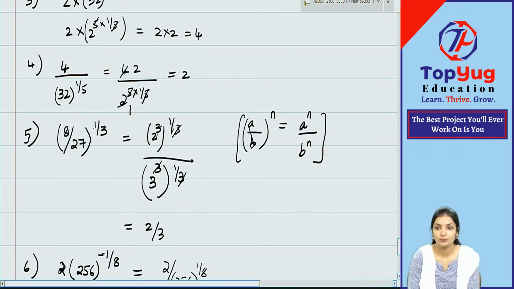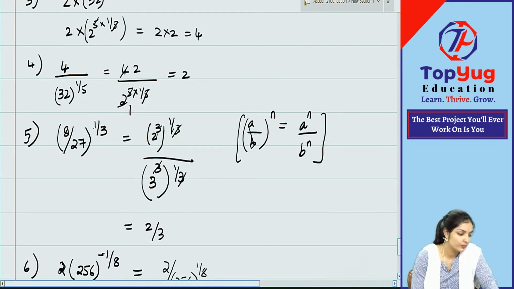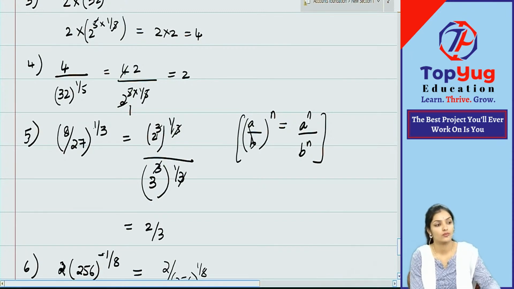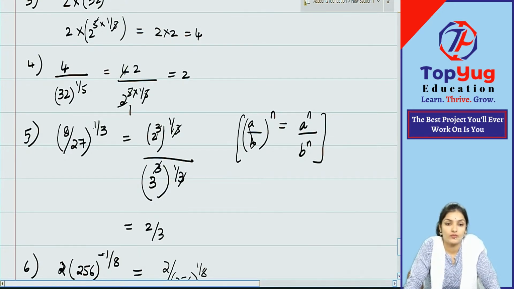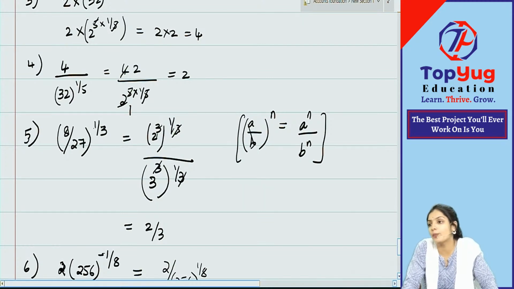Let me know when to proceed further. Those who are done till 7, do the 8th one and answer me. 81 is 3 to the power 4. What happened, my doubt?